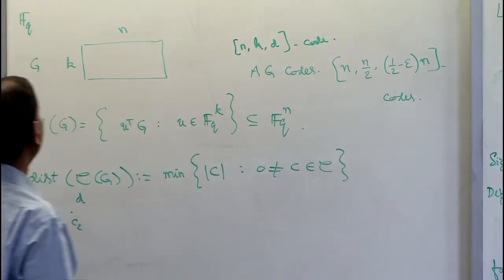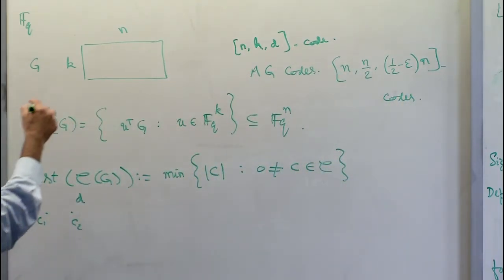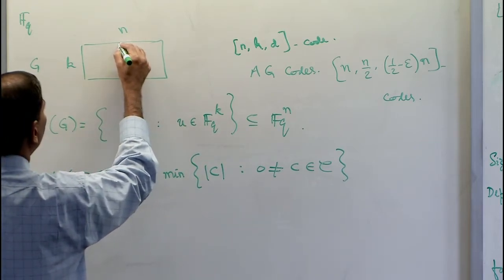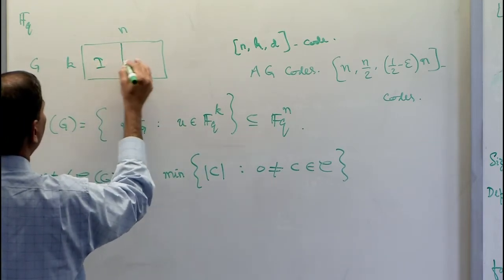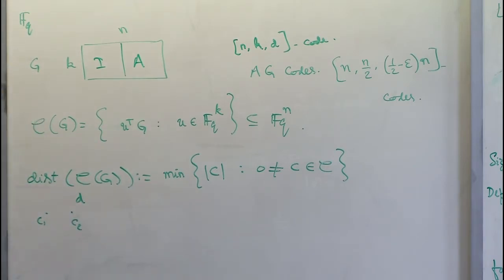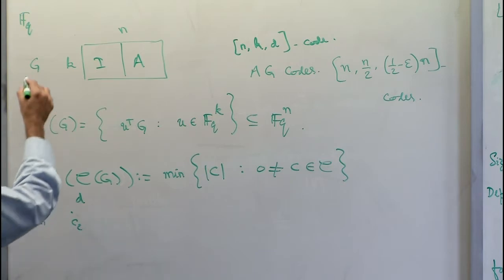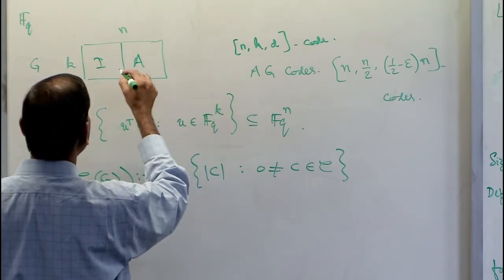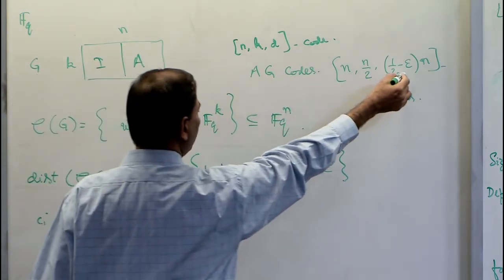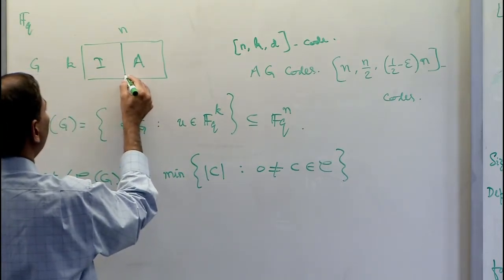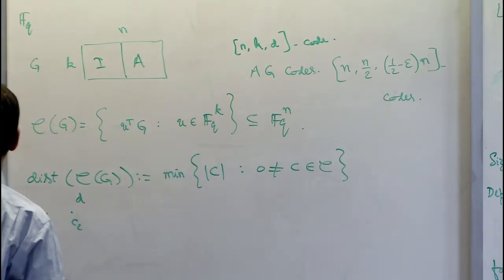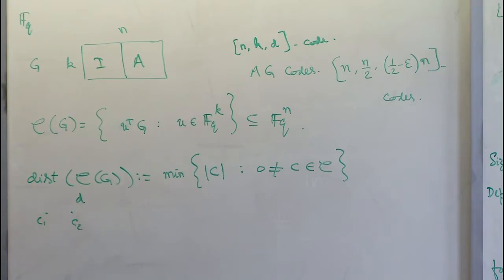Now by converting G into standard form, I can write G as identity followed by matrix A. And if such a matrix G has good distance, such as this, then you can prove that the matrix A has almost the kind of property that we have for totally regular matrices.